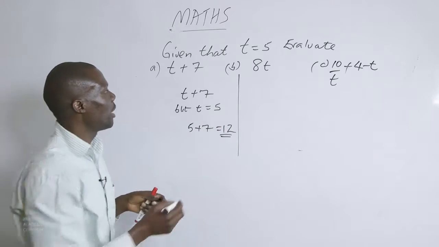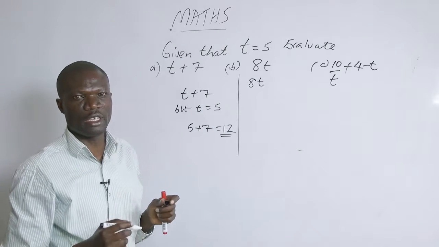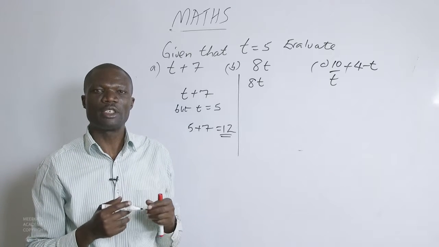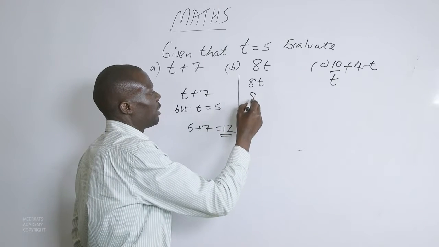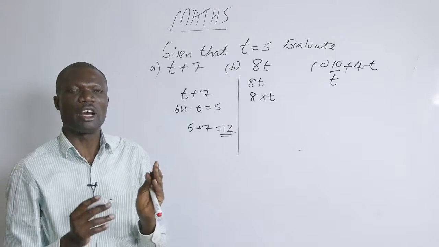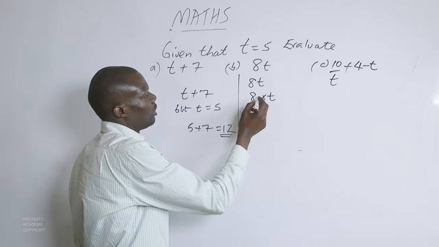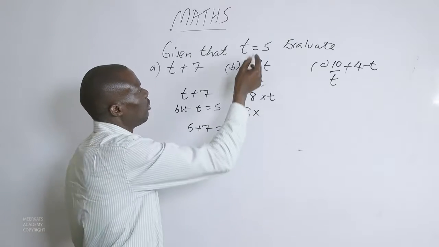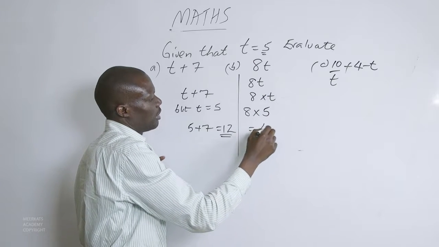Second part, we have 8t. As I said earlier, to substitute, we don't just go in substituting directly. Let us know the meaning of the expression here. This one is the same as 8 multiplied by t. Having written this, you can now move ahead and do the multiplication and substitution. So this is the same as 8 multiplied by, instead of t, we shall put 5, because t is 5, which gives us 40.